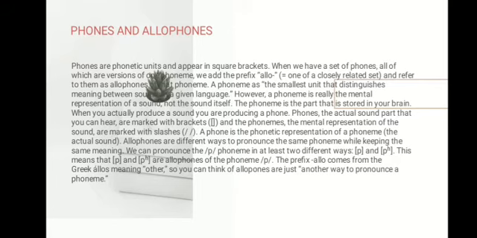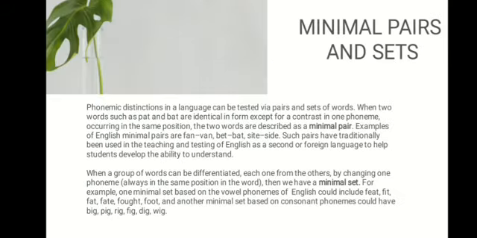Next, minimal pairs and sets. Phonemic distinctions in a language can be tested via pairs and sets of words. When two words such as pat and bat are identical in form except for a contrast in one phoneme, occurring in the same position, the two words are described as a minimal pair.